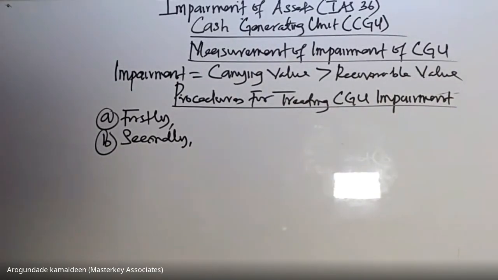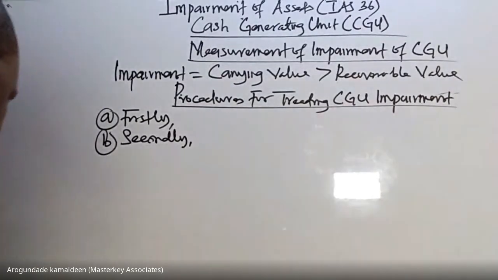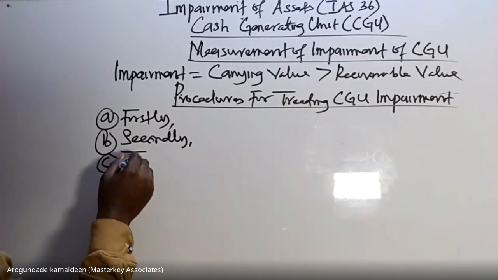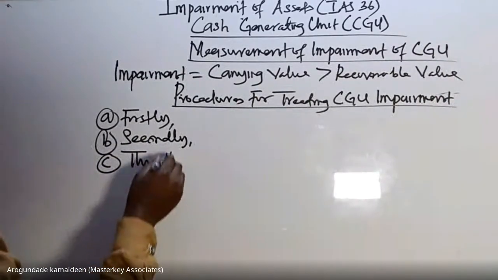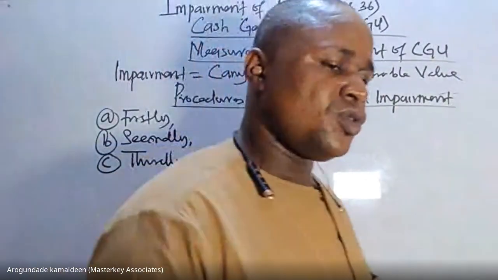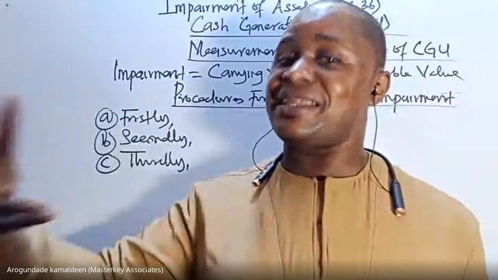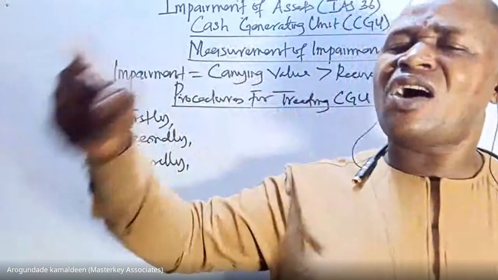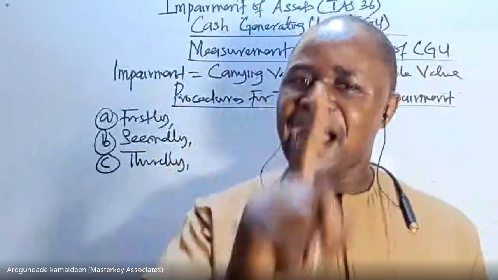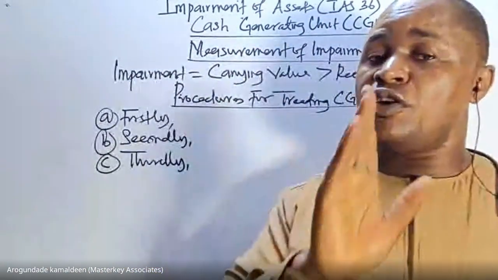Now, after allocating to goodwill, if there is still any impairment, you come to the third step. Thirdly, you now prorate the remaining impairment on the other assets in the CGU, apart from the damaged asset and the goodwill.